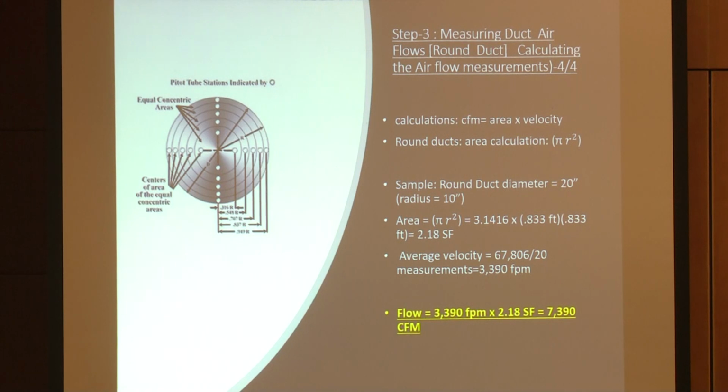And then simply, again, it's the same old formula, area times velocity, but since you're a circle now, you're using pi r squared. So you take your information, you get your area, you've got your velocity, you take the velocity times the square foot area, boom, you've got your 7390 CFM. Simple, simple, but you're doing this over and over and over again. So that's on a simple round duct.